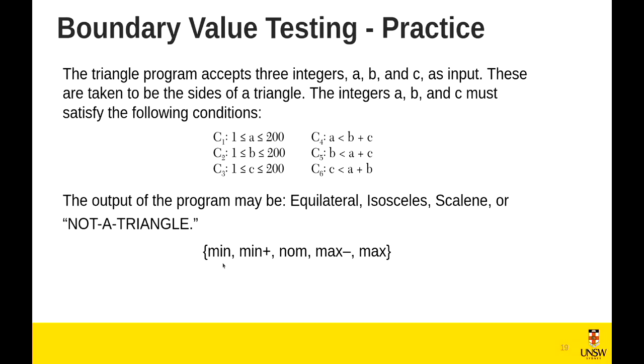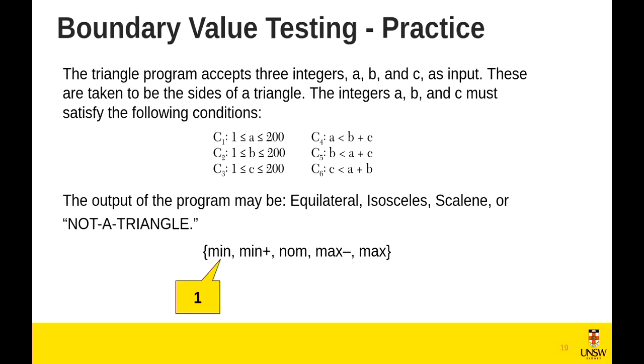So now let's consider how we can do the normal boundary value testing. In normal boundary value testing, we can assume all these 5 types of values for the variables a, b, and c. So what is the value of min? 1.